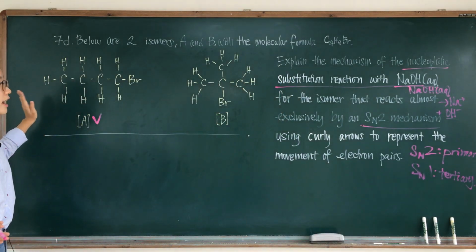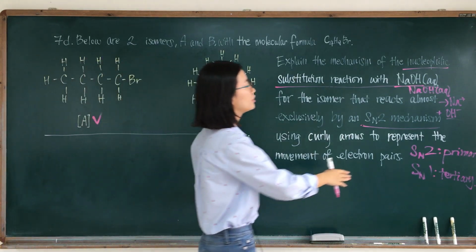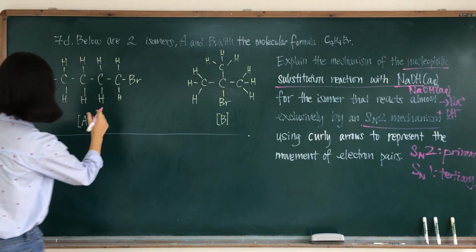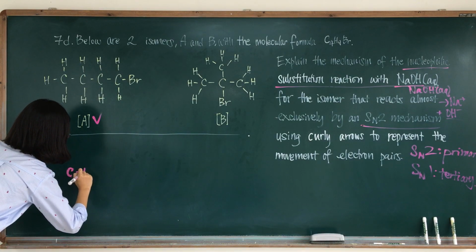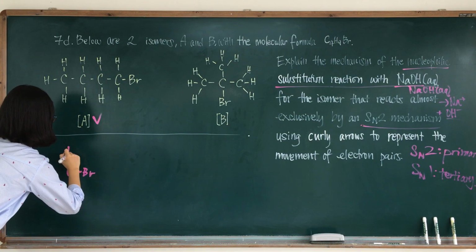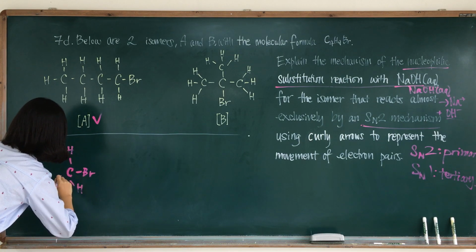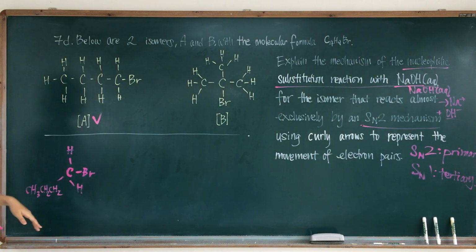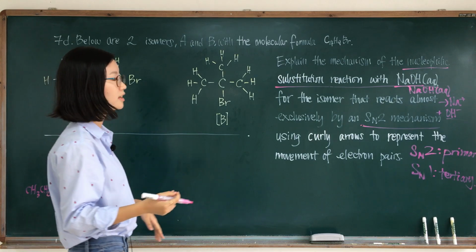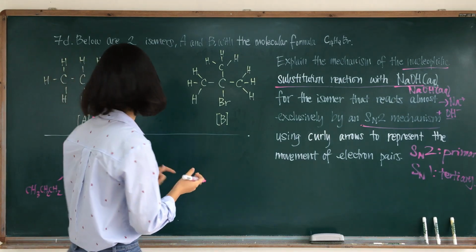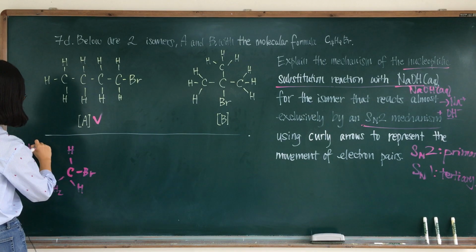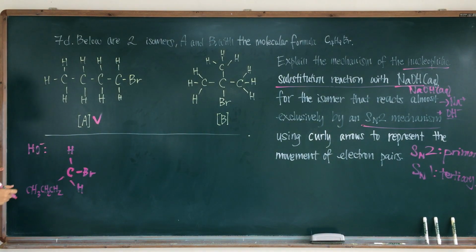Now that we have our isomer and we have our nucleophile, let's start writing the answer. First of all, we can write this compound out like so. And since we said that it's a bimolecular reaction, meaning it starts with both the nucleophile and the halogenoalkane, we're going to add the nucleophile as well.